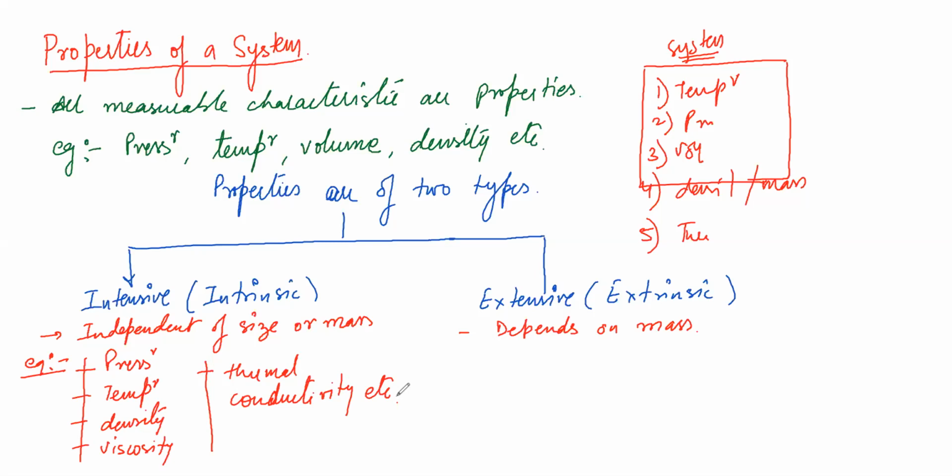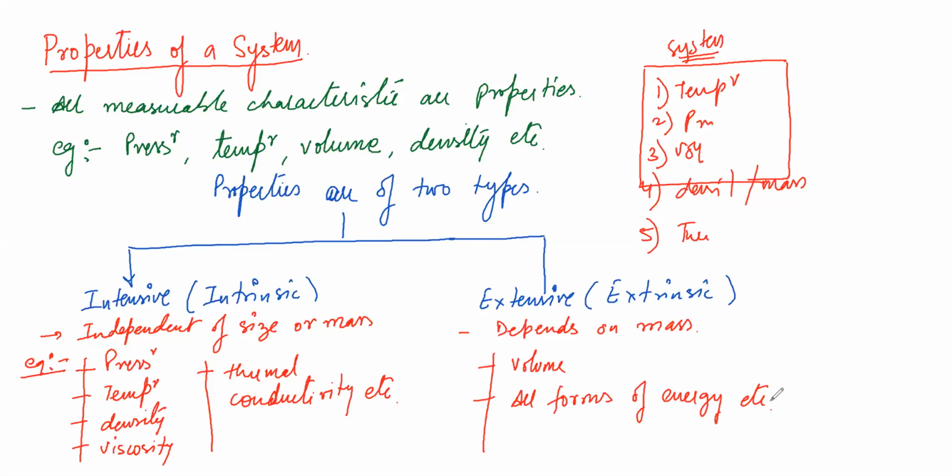What are the examples of extensive properties? Extensive properties are like volume. An important one is all forms of energy, etc. So in this slide, we have defined the properties of a system.